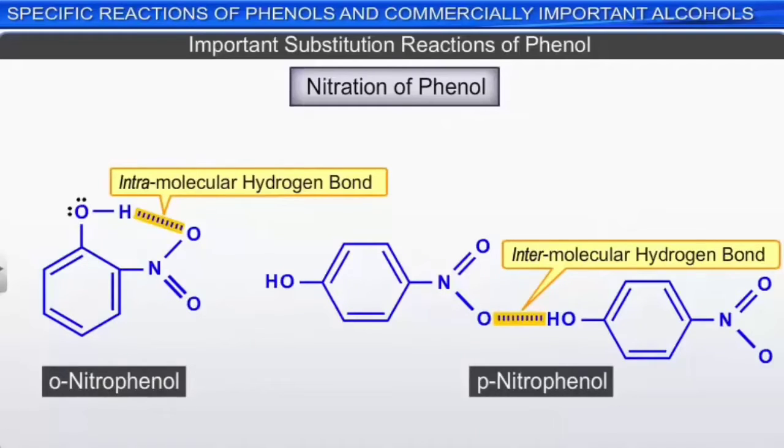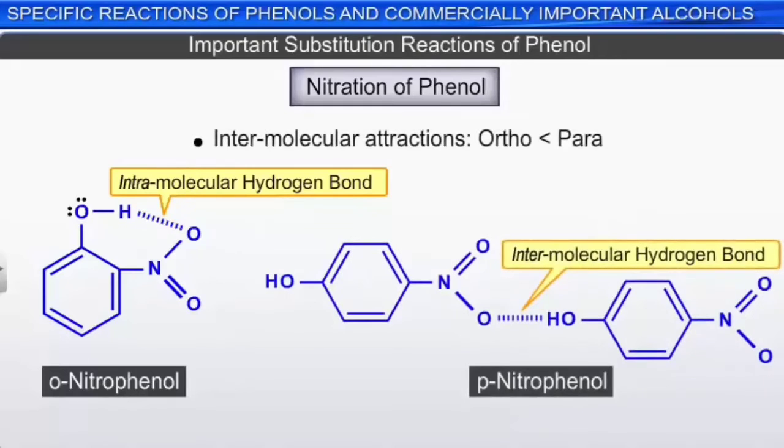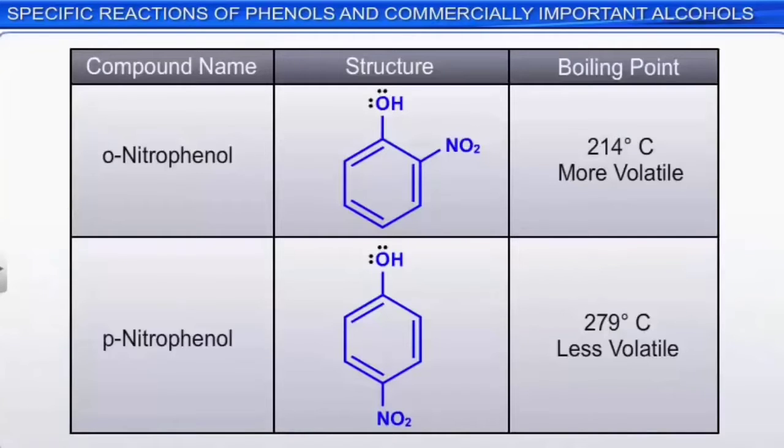Since the ortho isomer has only intramolecular hydrogen bonding, it has weaker intermolecular attractions than the para isomer, with its intermolecular hydrogen bonds. Therefore, orthonitrophenol is more volatile, with a lower boiling point, than para nitrophenol, with a higher boiling point.